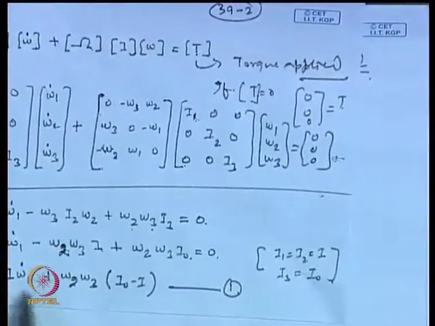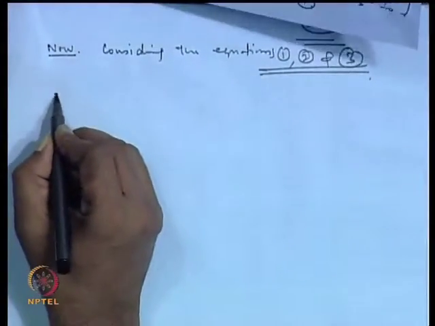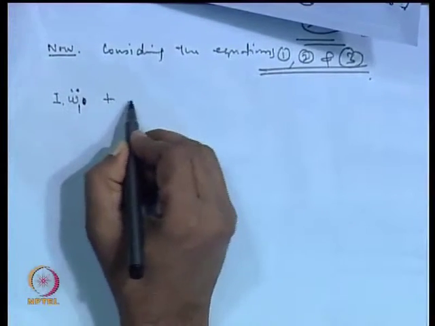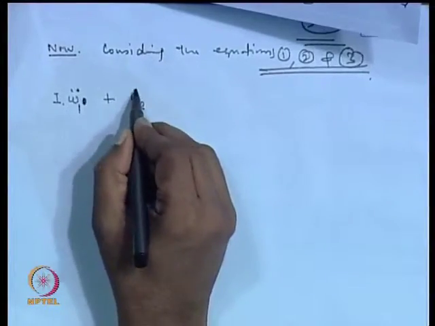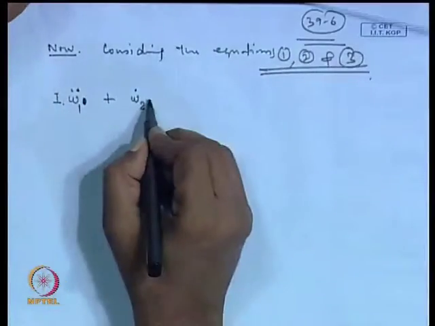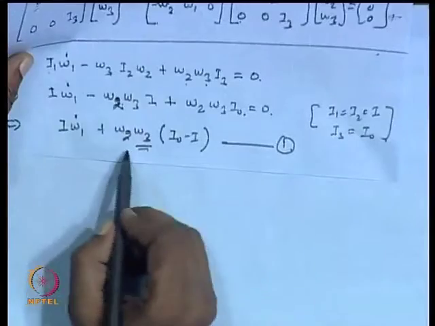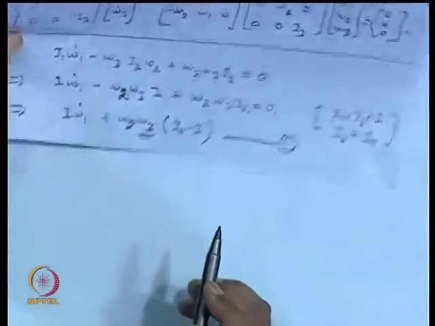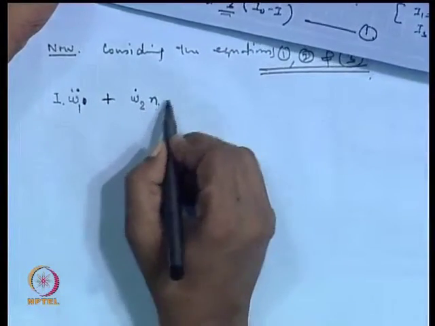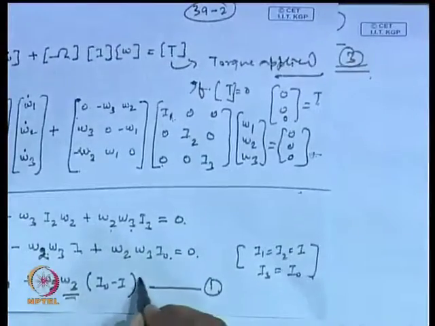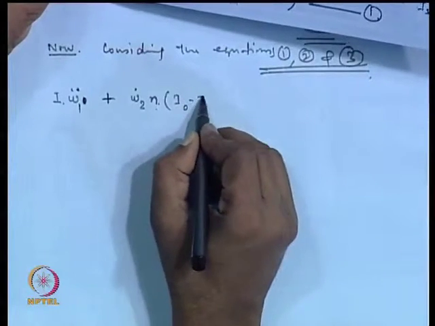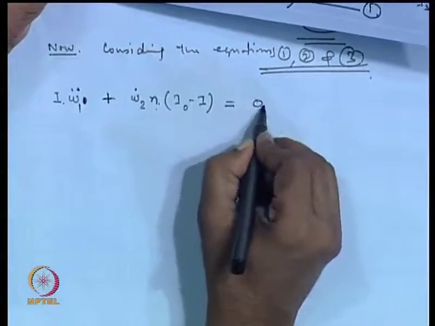If we differentiate equation number 1, we will have I times omega 1 double dot plus omega 2 dot omega 3, remember this is constant and we are writing this as n. So, omega 2 dot times n, and this is equal to 0, we have missed earlier. So, we put a 0 here in this place, I 0 minus I, this is equal to 0.